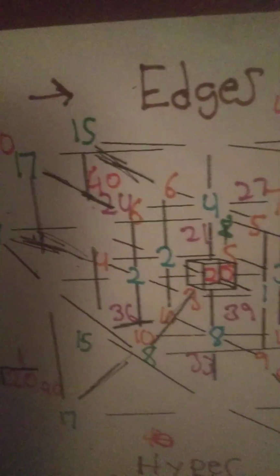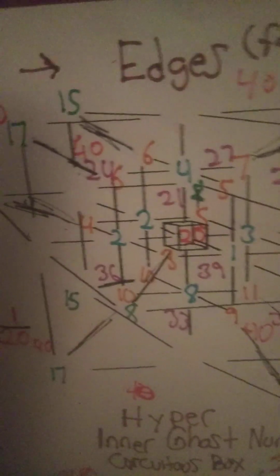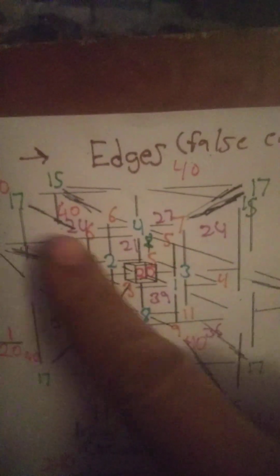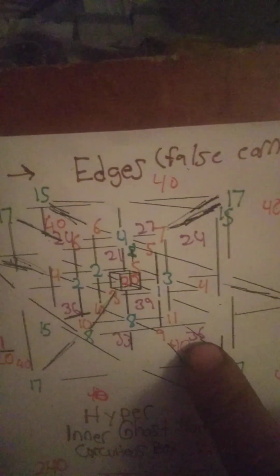The outer and the inner ghost number are the same. This is derived from the crosswise crisscrossing, the X, such as this side, this square, it's 17 on both sides.